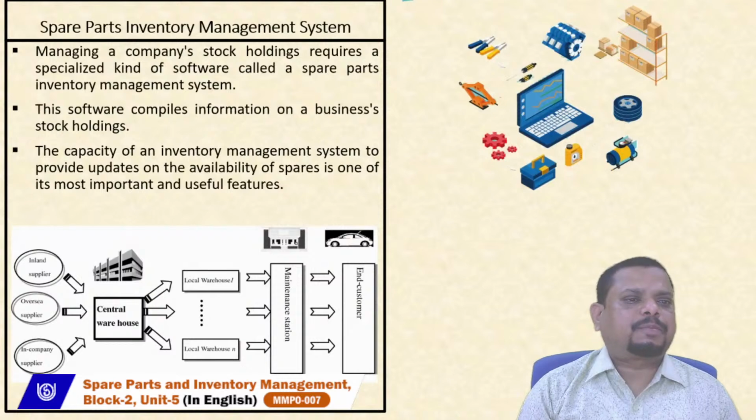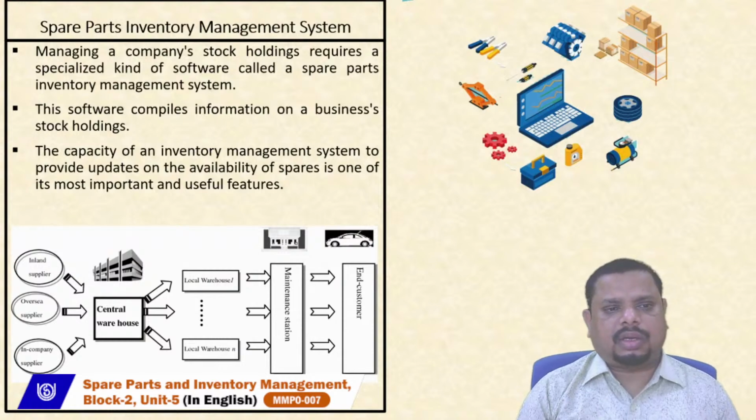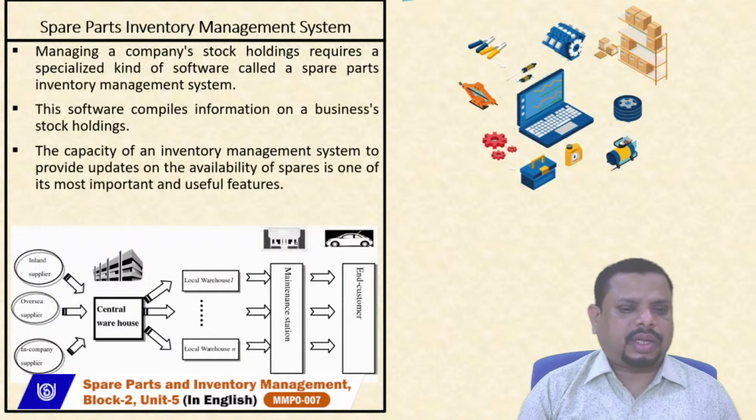Moving to the next one, we have the spare parts inventory management system. In a spare parts inventory management system, first let us take the example of a particular case.